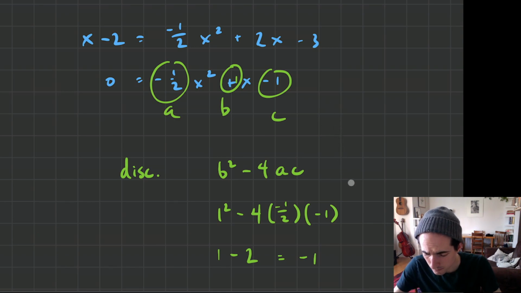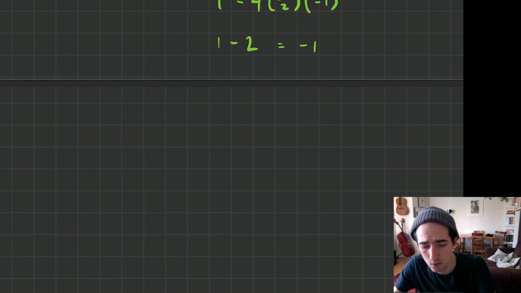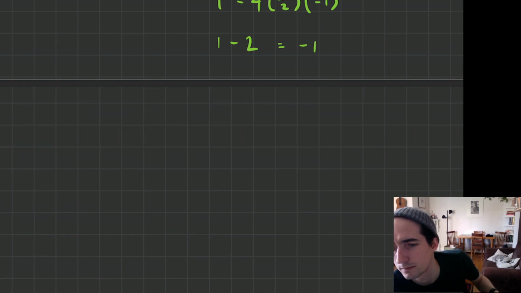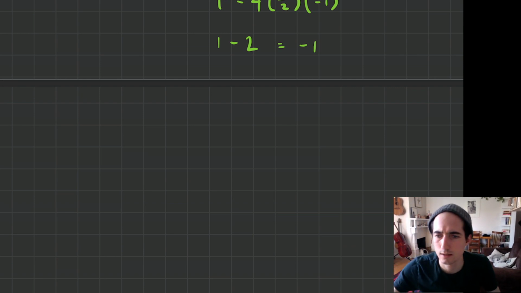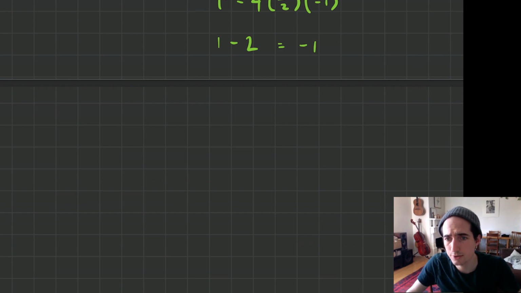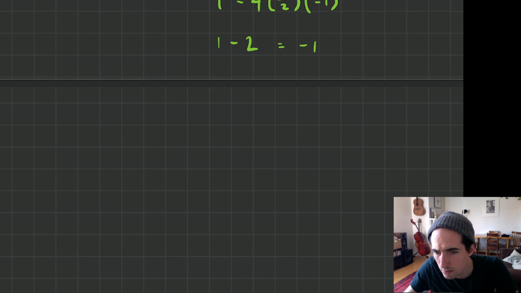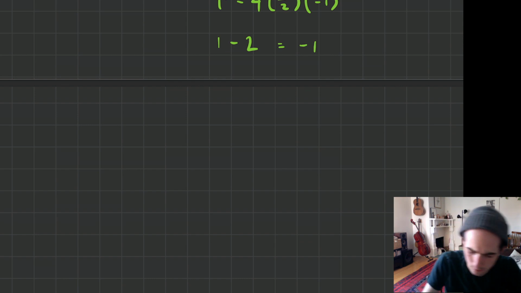Your exit slip today is to solve the following system. Okay, that one's too gross. We'll do this one.